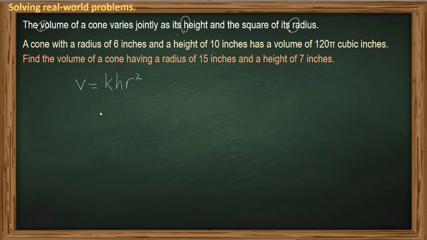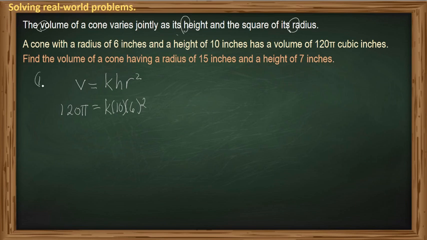A cone with a radius of 6 inches, so we have 6 inches, r is being squared, so this must be squared also. And a height of 10 inches, so what's left here is k, has a volume of 120 pi cubic inches.